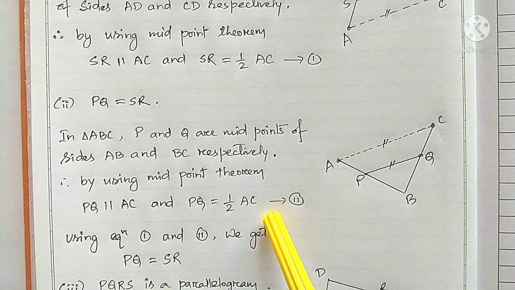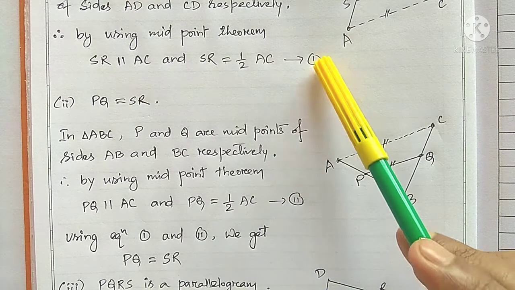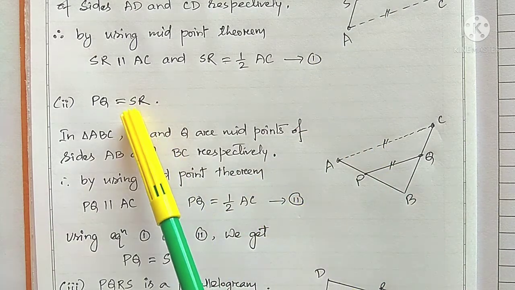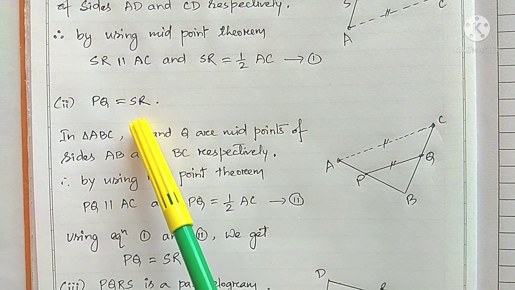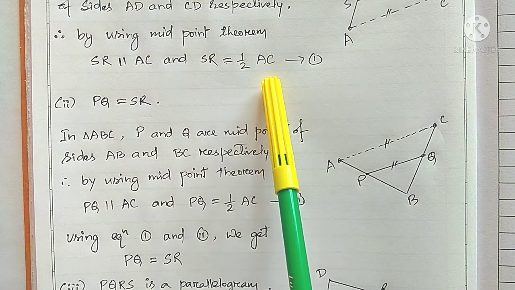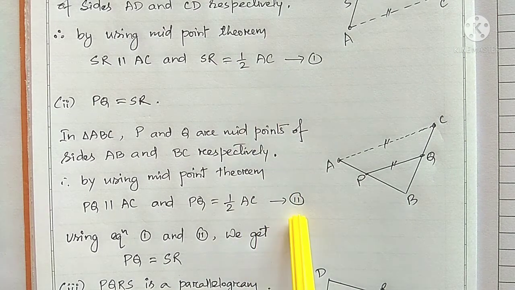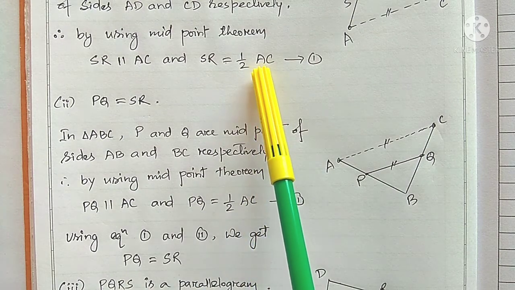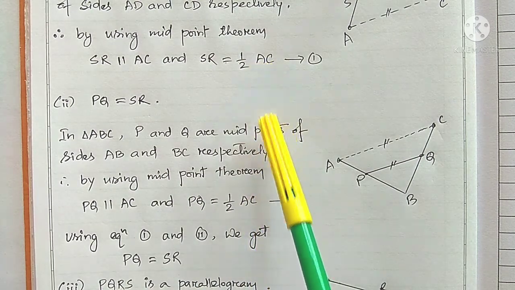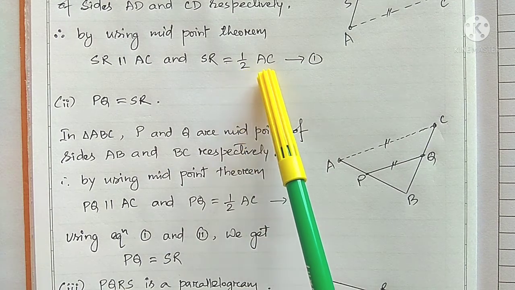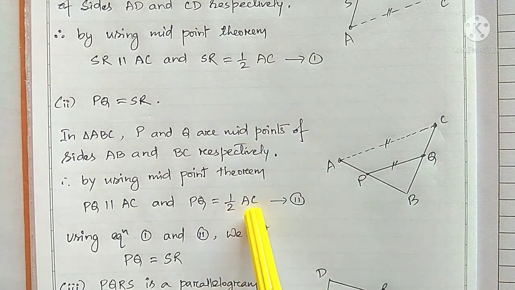Understood? Okay. Now here, if you see equation 1 and equation 2, in the second one we need to prove PQ equal to SR. In equation 1, SR equal to half of AC, and in equation 2, PQ equal to half of AC. So the right hand side in both cases is half of AC.